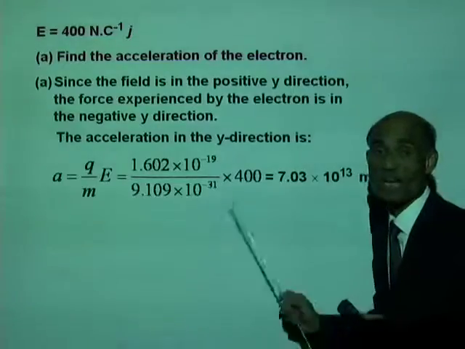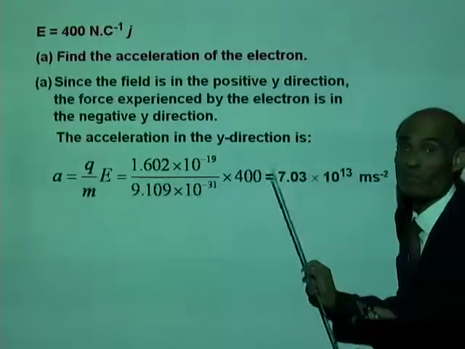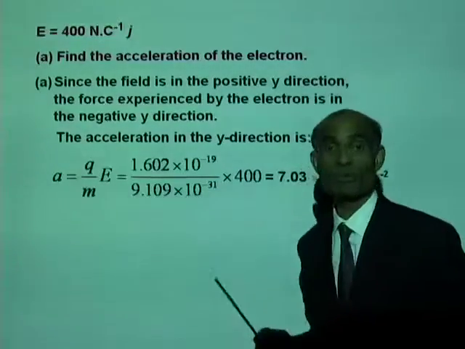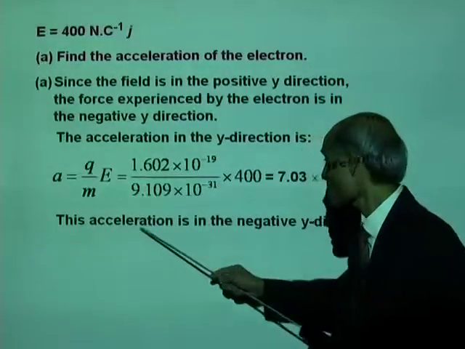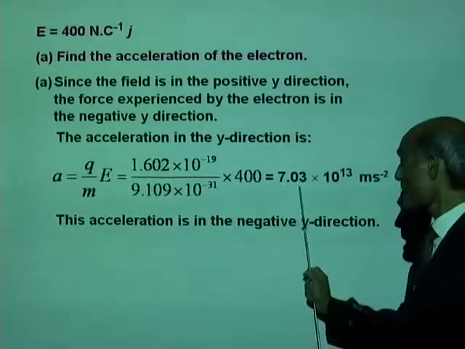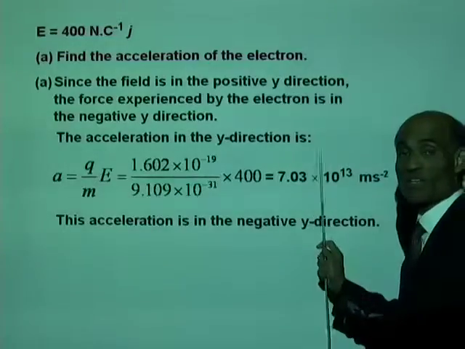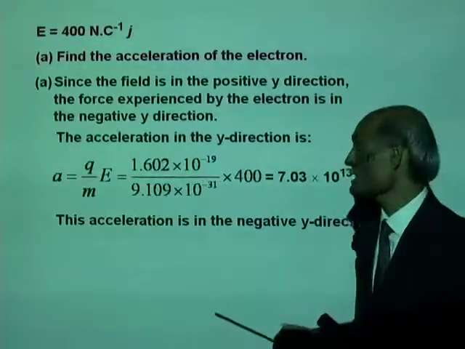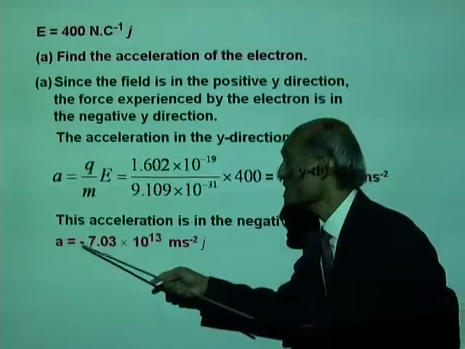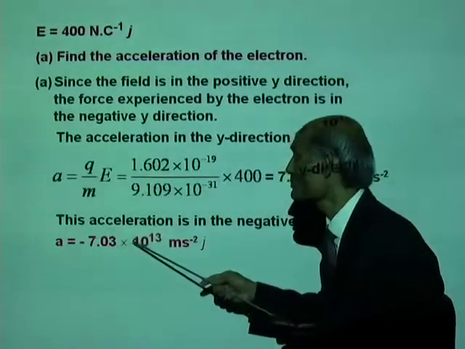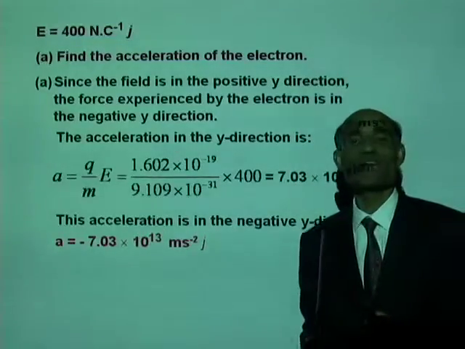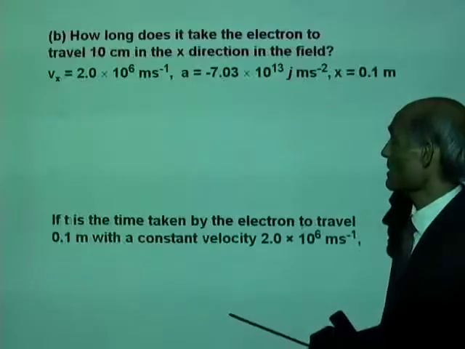Now, you must understand, I haven't given you the direction here. This must be negative j because it is directed downwards. This is just the magnitude. The acceleration must be understood like this: negative 7.03 times 10 to the 13 meter per second squared j. That is the acceleration of the electron.